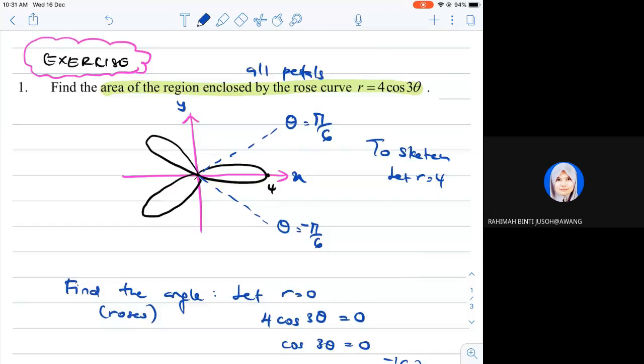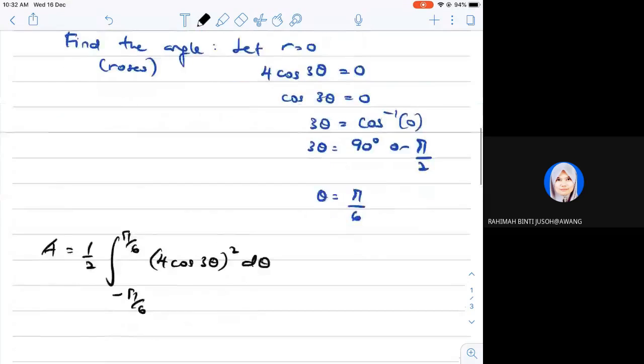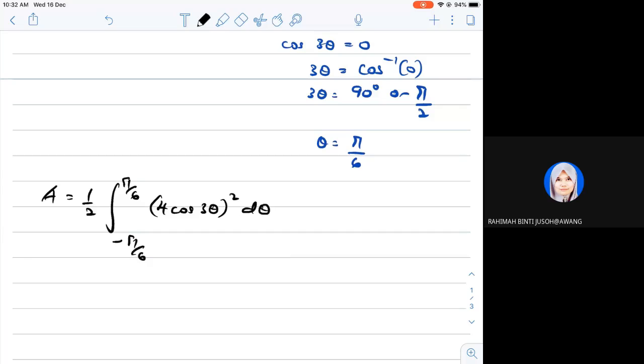Okay guys, so we will have area A equals to 1 over 2 integration from negative pi over 6 until pi over 6 of (4 cos 3 theta) squared d theta. So this is only for one petal.